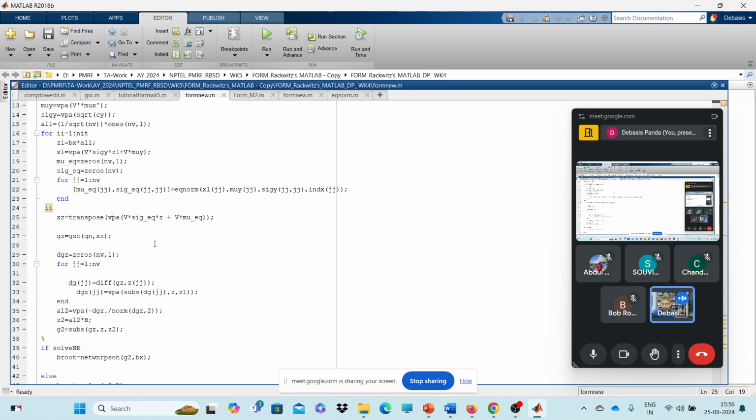Okay, now once the differentiation is done, I can get the direction cosines. Recall, alpha is nothing but the gradient of Gz, the limit state function in standard normal space, with respect to the random variables, divided by the norm of the gradient of the limit state function.